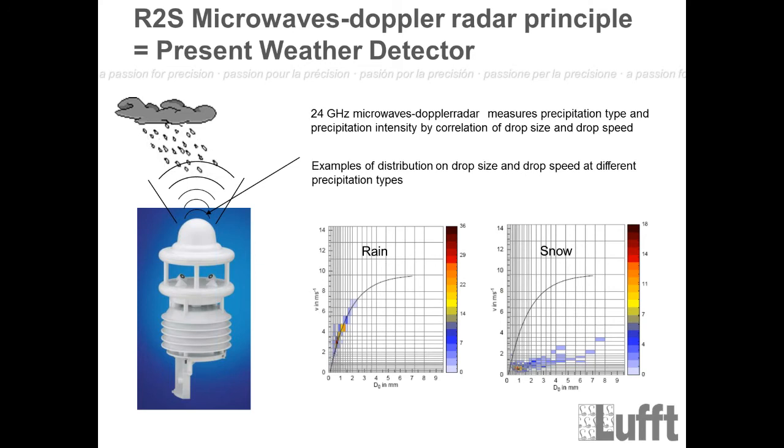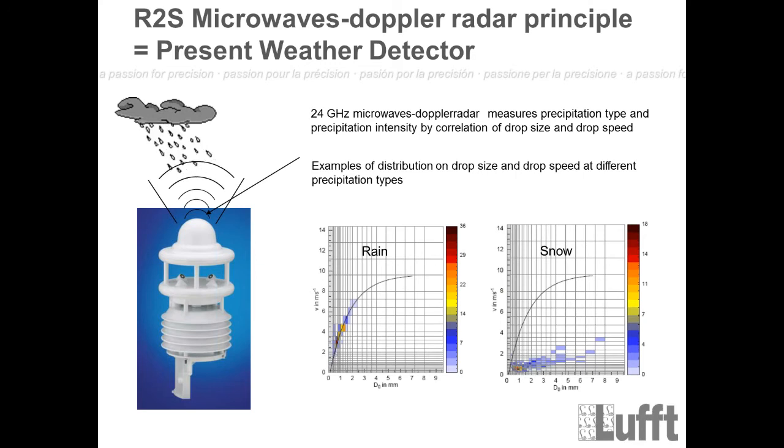The type is a different thing. If you want to know the precipitation type, for that we use only the speed, that means the frequency of the speed, how the precipitation falls down on Earth.